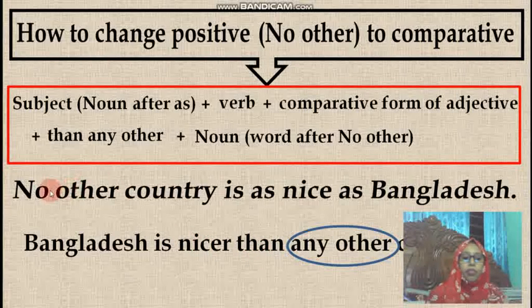Then "than any other", and then last, country. So you see how to do comparative. At first we have to use the subject, the noun after "as", then the verb, then the comparative form of the adjective, and then "than any other". At last we have to use the noun which is used after "no other", country.